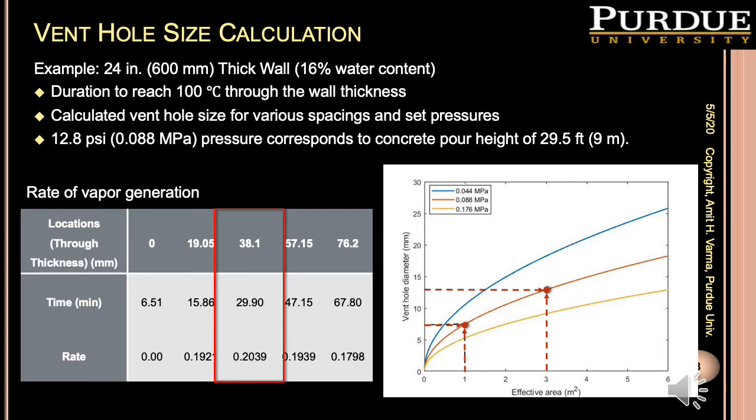However, if you were to increase your effective area to 3 meters square, let's say you had a vent hole grid of 3 meters by 1 meter, where the effective area of each vent hole is 3 meters square, you would need to provide a vent hole diameter which is around 12 or 13 millimeters. So your vent hole diameters could increase significantly as you keep on increasing the effective area.